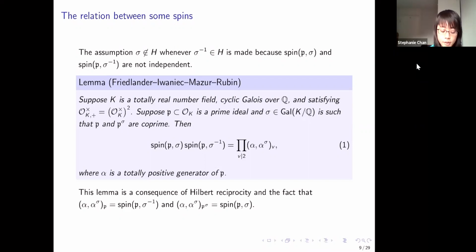The reason that the two spins here are not independent is because this Hilbert symbol doesn't behave randomly in the same way as before. So if you want to treat spins that involve sigma and sigma inverse together, then we have to take into account this Hilbert symbol.